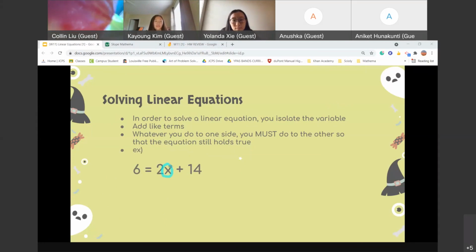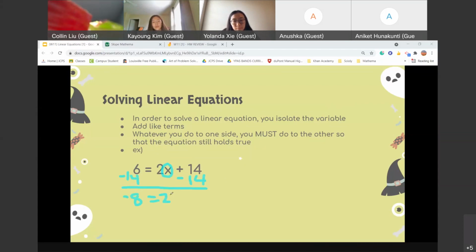It makes our equation less messy and easier to handle, and nobody likes messy equations. So I'm going to subtract 14 from each side, since I want my x to be just on one side of this equal sign. And whatever I do to one side, I have to do to the other. So 6 minus 14 becomes -8.